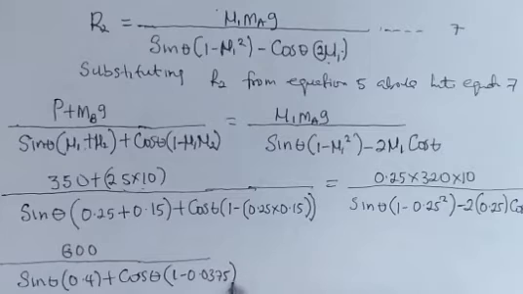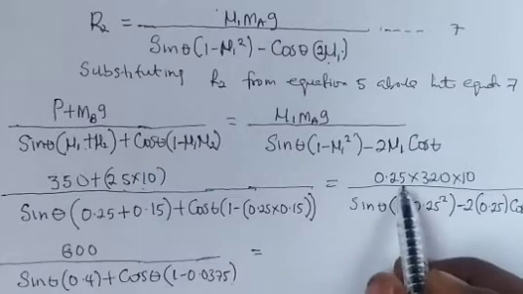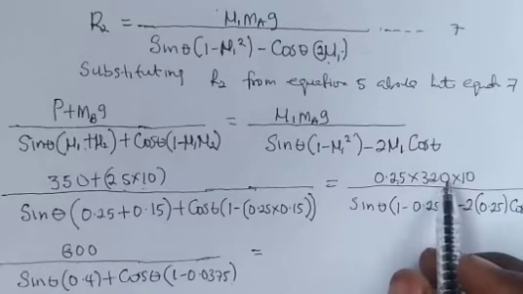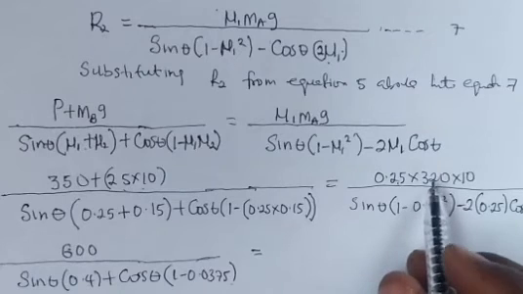Now we have this after inputting our values, equals 0.25 times 320 times 10, which gives us 800.